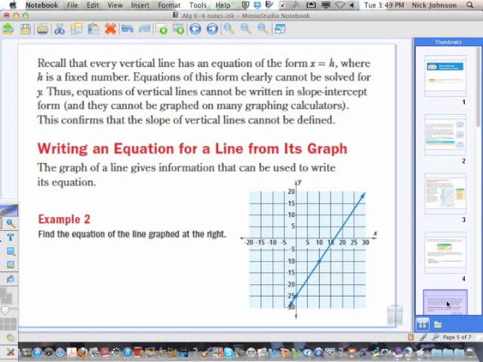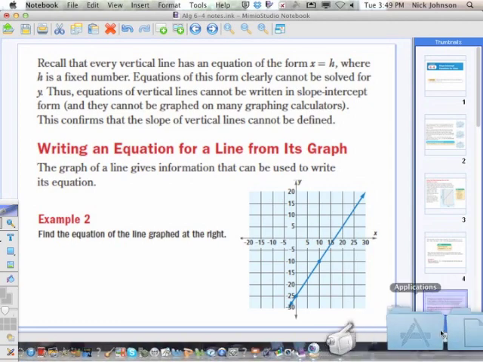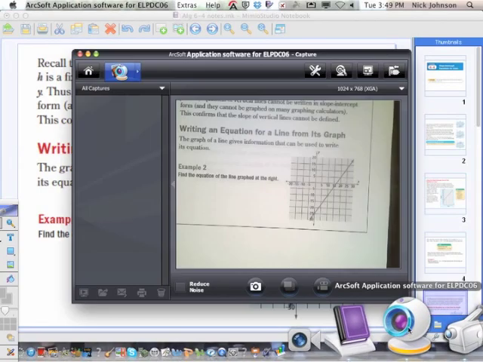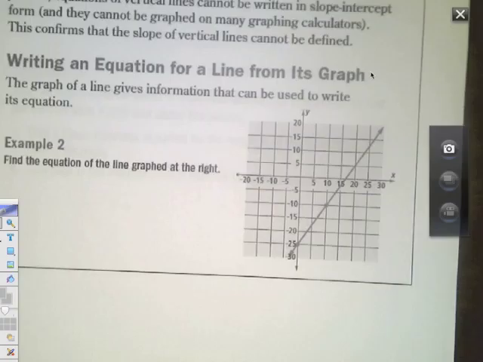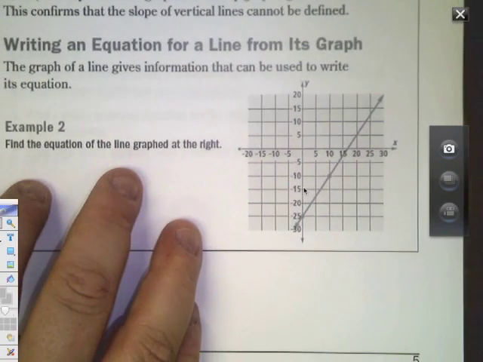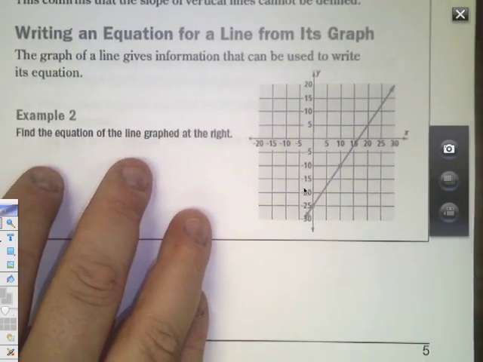Okay? Writing an equation for a line from its graph. The graph of a line gives information that can be used to write its equation. Example 2. Find the equation of the line graphed at the right. First thing we might want to do is find the slope.